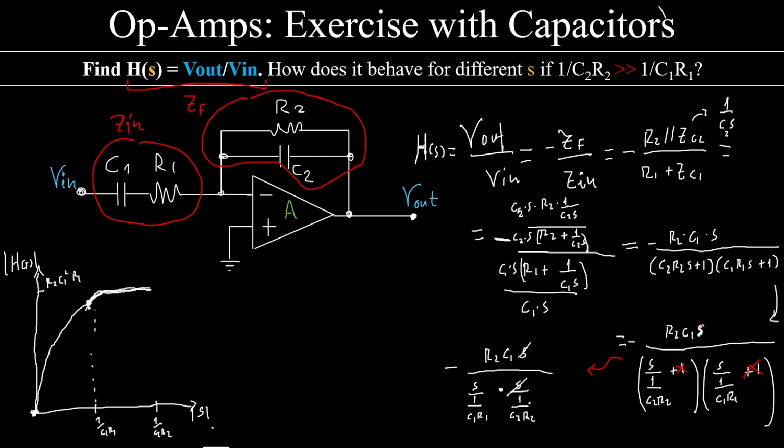I can say, let's see, this R2 will be simplified with this R2, because we will multiply this over here. This will be multiplied over here, so this C1 also simplifies with this C1. Therefore, this whole thing gives us the following. R1 C2 over S.